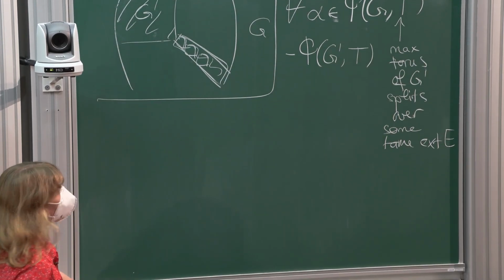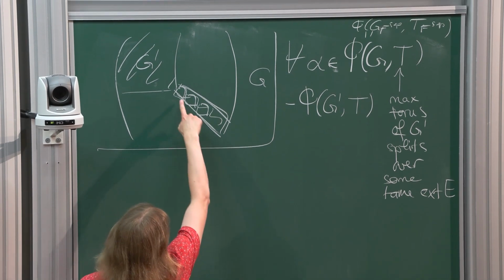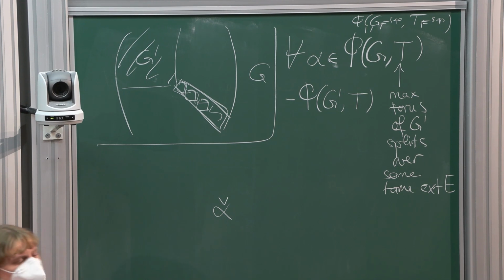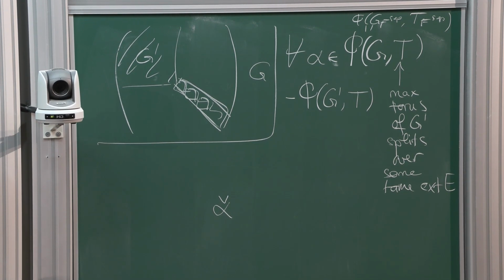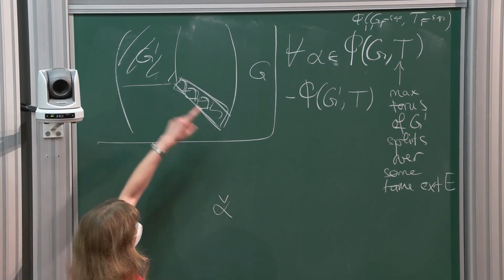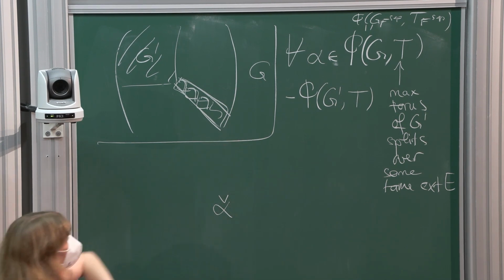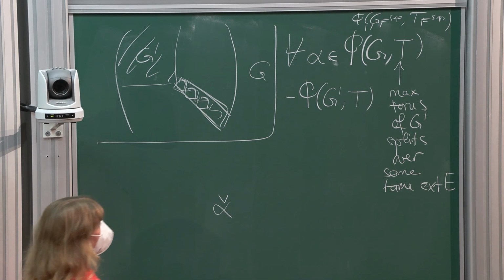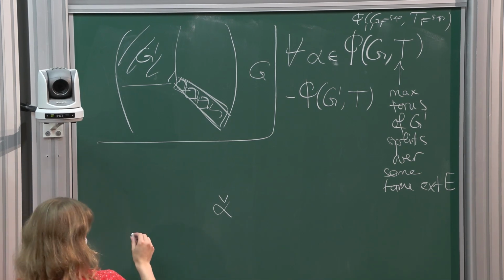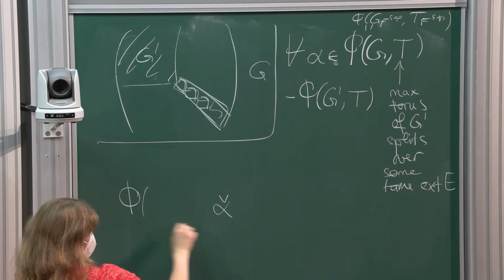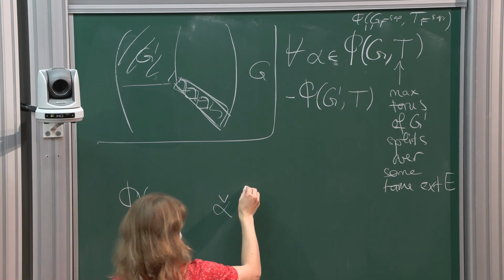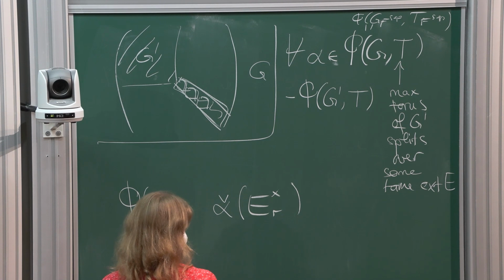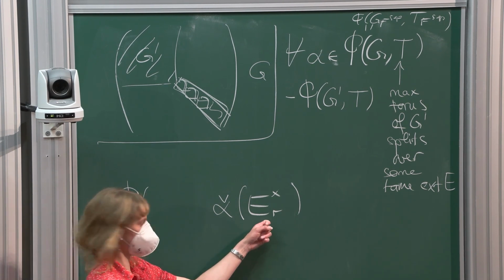And then we want to say essentially that, so what is this part here? This part is the image of precisely these co-roots, of the roots that are not in G prime. Because if we are in G prime, we are here, and this is the part outside. And so we want to say that the character phi should be trivial on these co-roots of depth R. So we take here the R-th filtration subgroup.